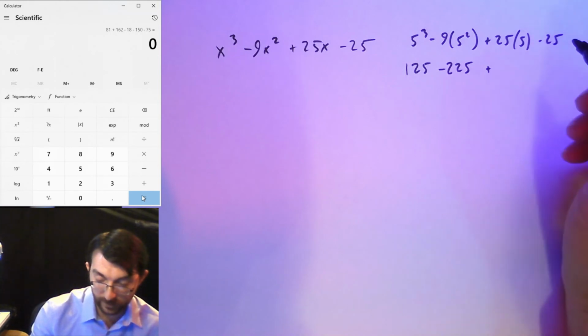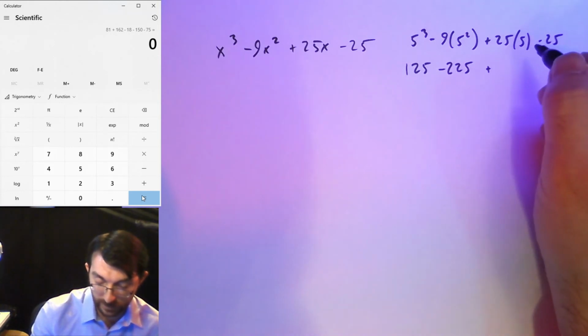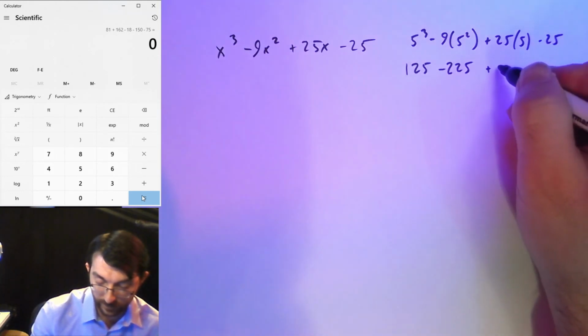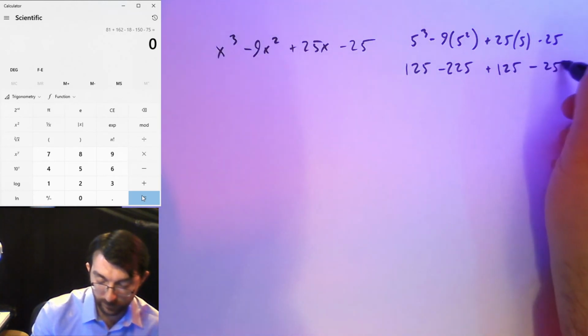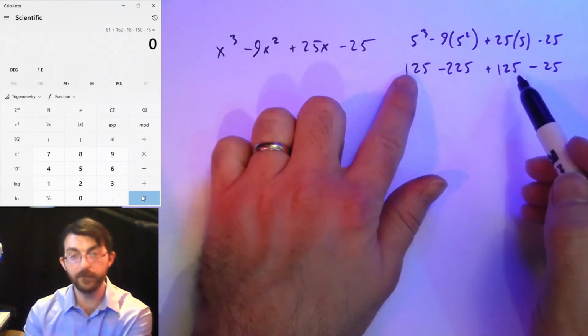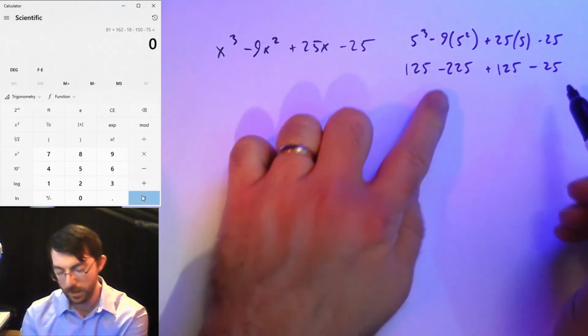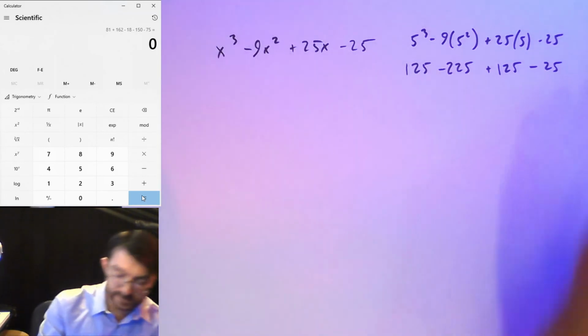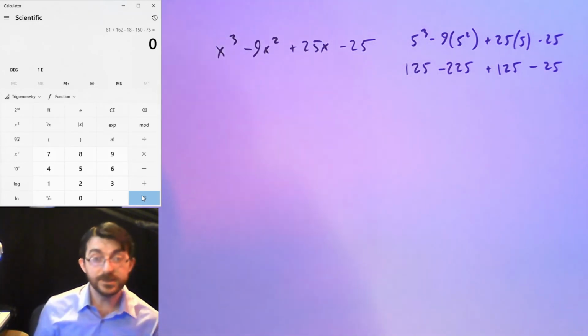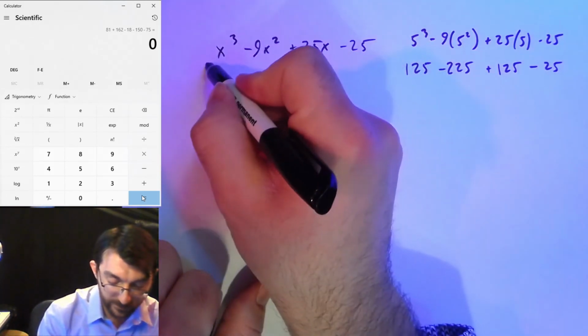Plus 25 times 5, well, that would be plus 125. And then minus 25. So 125 plus 125 is 250. 225 plus 25 is 250. So yeah, that all balances out. 5 is a 0. Since 5 is a 0, x minus 5 is a factor.